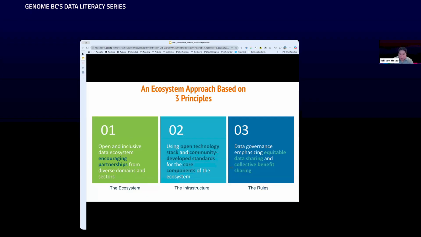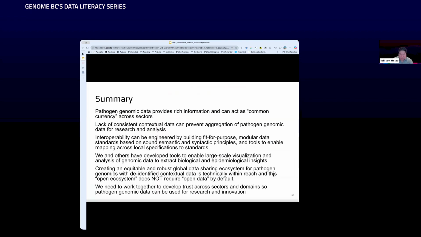And then it should be based on an open technology stack and community developed standards for the core component of the ecosystem, right? So that mapping standard should be community developed and open, but people, of course, are free to create their own local standards that are compatible and mappable. And then the data governance should emphasize equitable data sharing and collective benefit sharing.